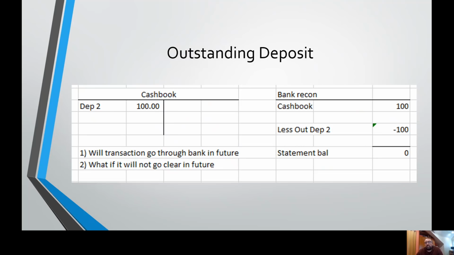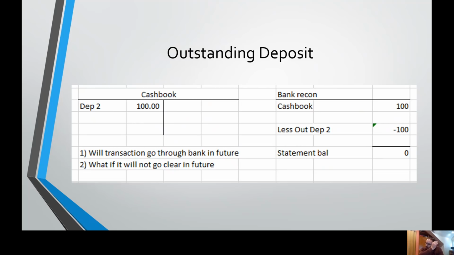I need to get to a statement balance of 0. And therefore, I have to decrease my cash book balance. So I have to enter a negative amount on my bank recon to get us from positive 100 down to 0. So our second rule is we less outstanding deposits.